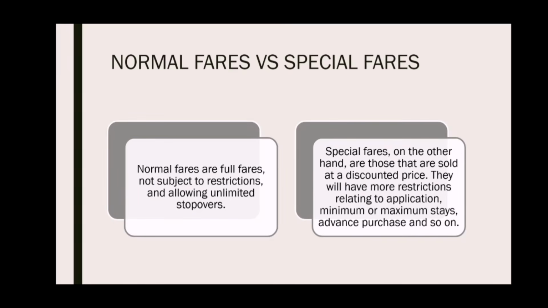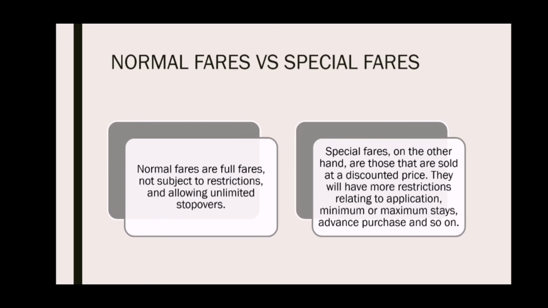So before we start, it is important to know that we have what we call normal fares, which are full fares that are not subject to restriction and allow unlimited stopovers. And then on the other hand we have special fares, which are sold at a discounted price, and they will have more restrictions relating to the application, minimum and maximum stays, advance purchases, and so on and so forth.